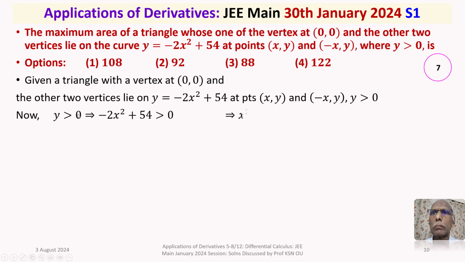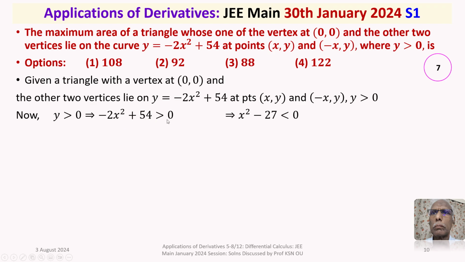Now y > 0 will imply -2x² + 54 > 0. Now -2 is common and cancel. Then you will get x² - 27 < 0, because you have divided by -2, which is a negative number.